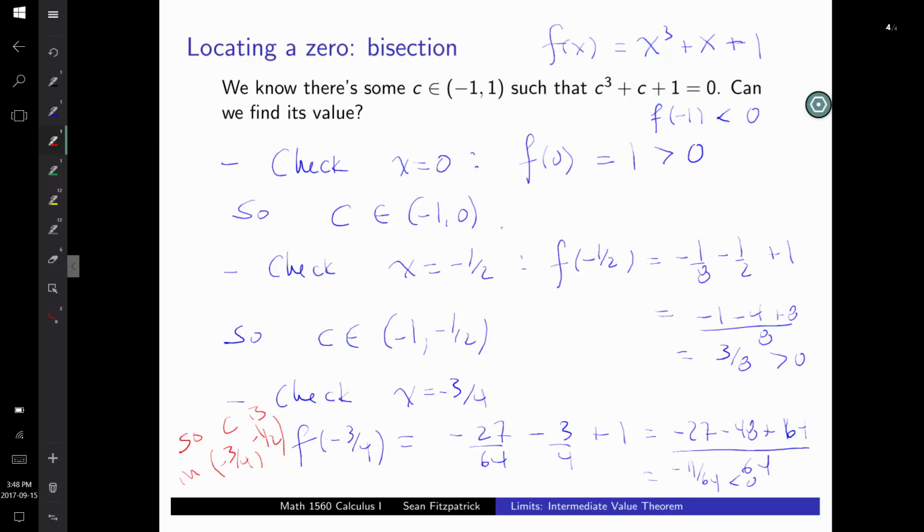We could check in between -3/4 and -1/2 and see whether we're positive or negative there, and we keep chopping the interval in half. And the length of that interval gets pretty short pretty quickly as you keep chopping it in half. So you can narrow things down. You can get as precise as you want, but if you want to keep iterating this, you don't want to do this by hand. You'd want to use a computer.